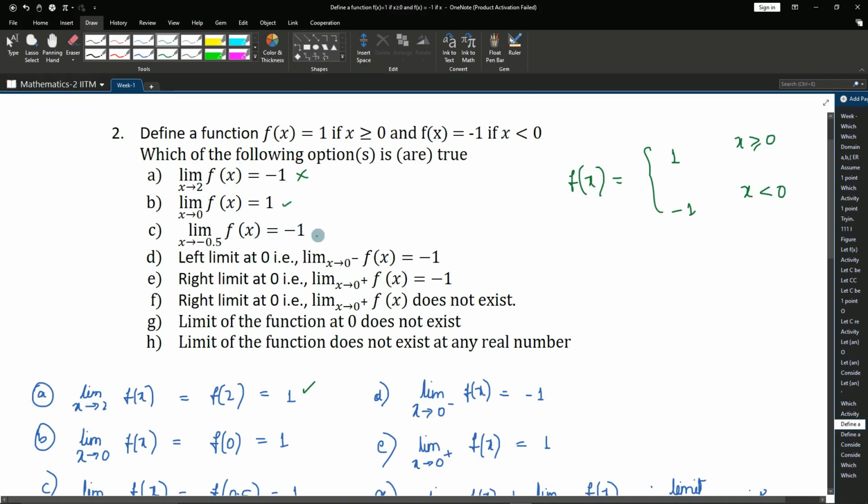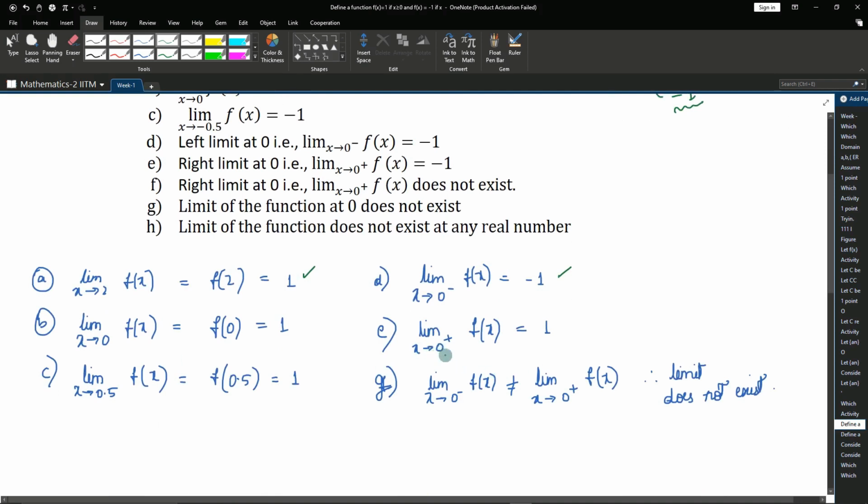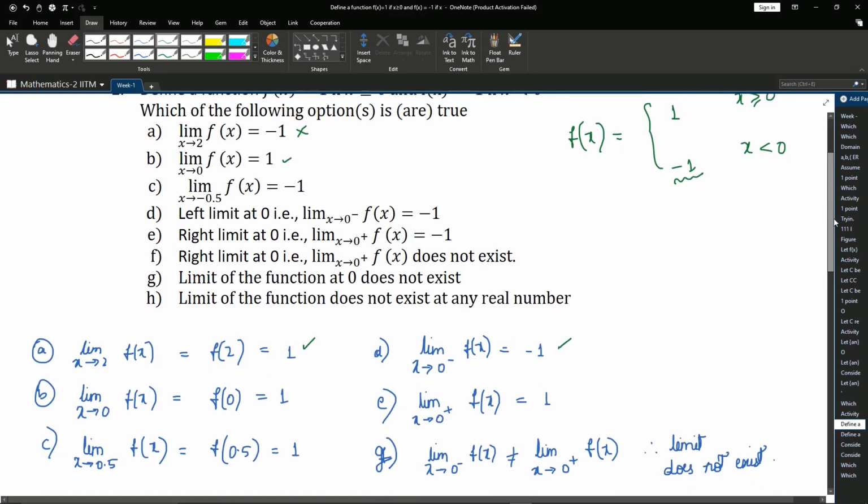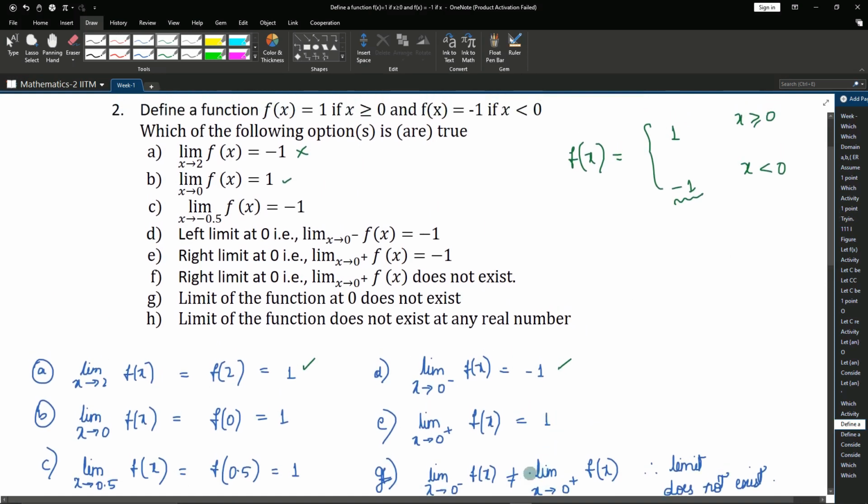Okay, so what will be the left hand limit at 0? If x is tending to 0 from the negative side, meaning that x is less than 0, the f of x value will be minus 1. So the left hand limit is minus 1. And what about limit x tends to 0 plus, the right hand limit? The right hand limit is 1, right? So the left hand limit and right hand limit are not equal. Therefore the limit at 0 does not exist. So the second option is ruled out.